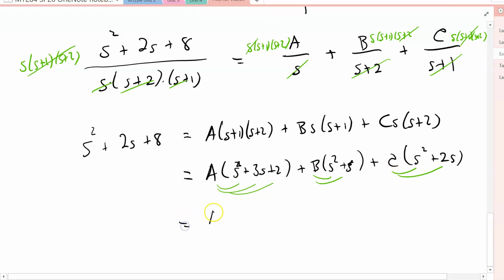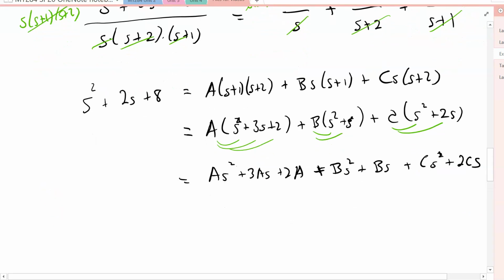So we get a s squared plus 3as plus 2a plus b s squared plus b s plus c s squared plus 2cs.